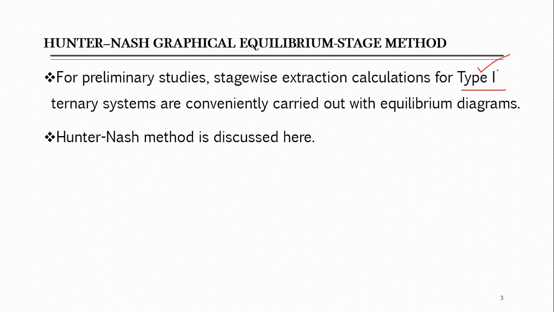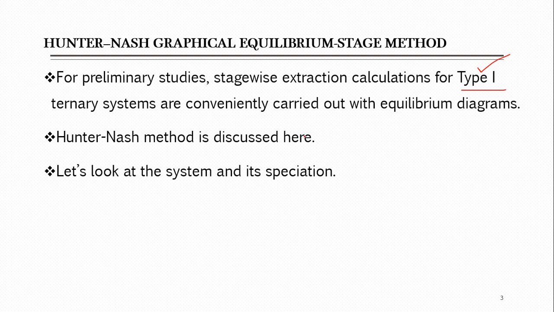Type 1 systems are those in which the solvents are partially miscible, while type 2 are those in which the solvents are completely immiscible. Here we are going to talk mainly about type 1 systems, but the same methodology can be adopted for type 2 system design.